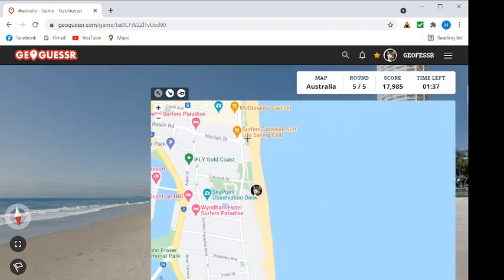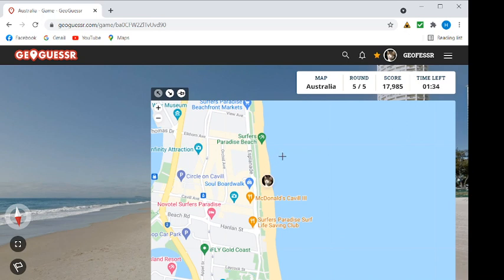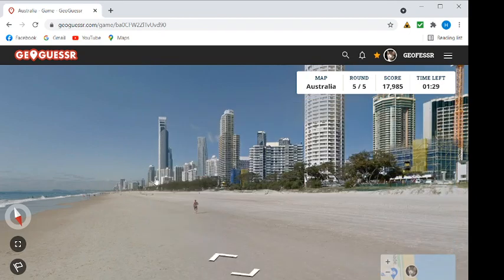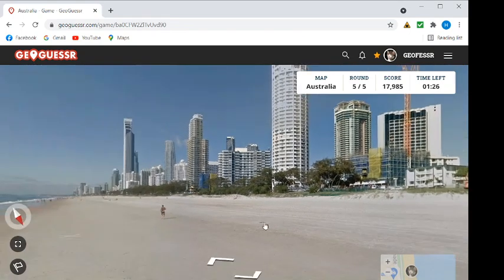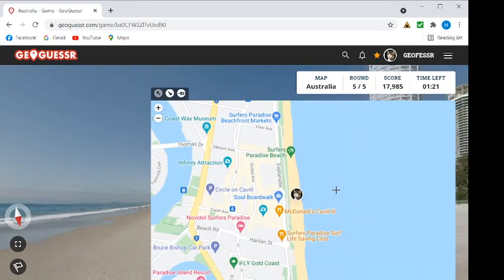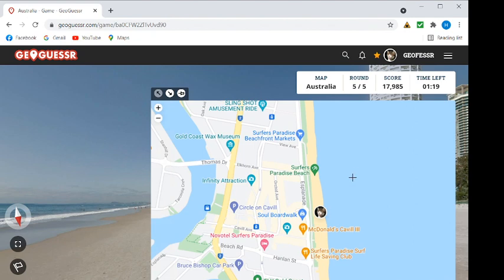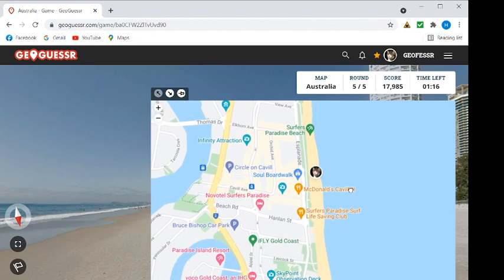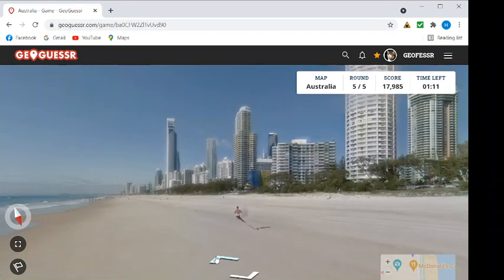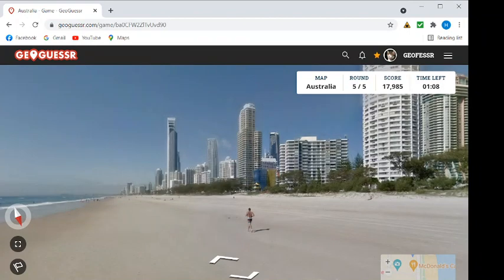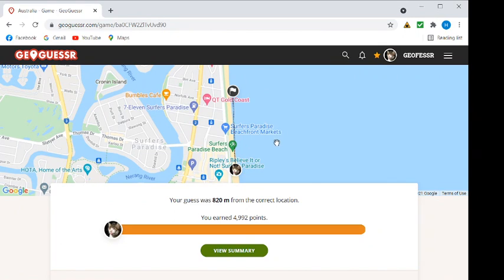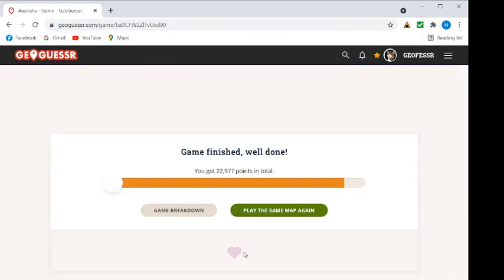Looks like we're north of that by maybe several hundred meters. Okay, so looks like we're up here. It doesn't move very fast. I don't think we're gonna walk off the beach and get more clues. So I guess we're done then. Okay, 820 meters off, so not a bad score.